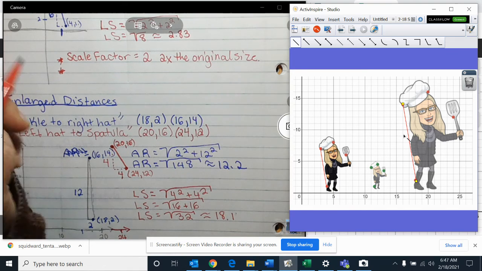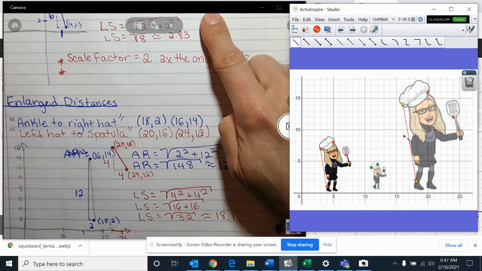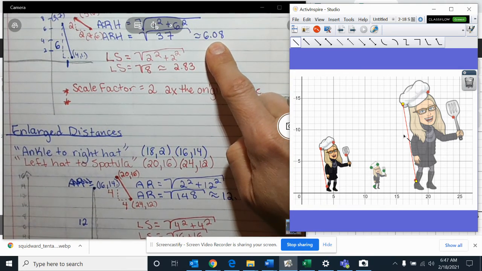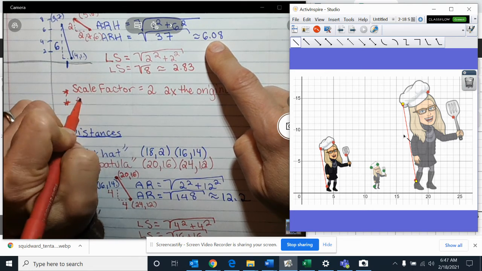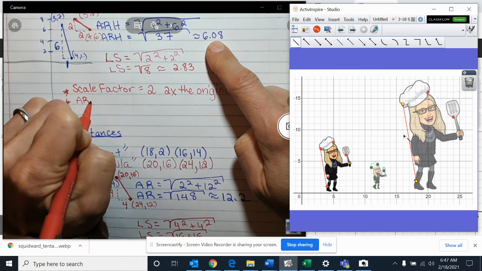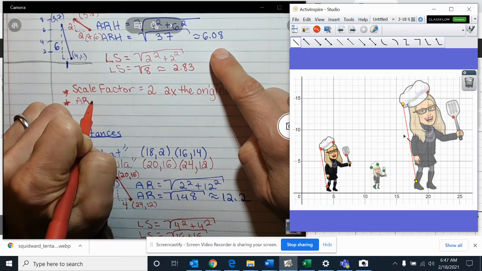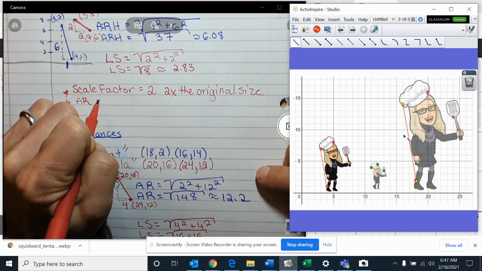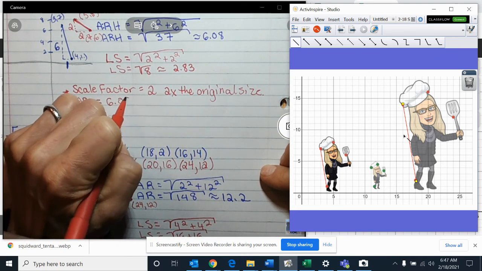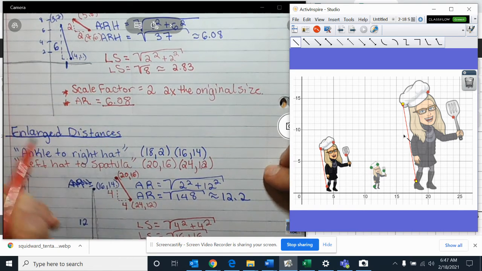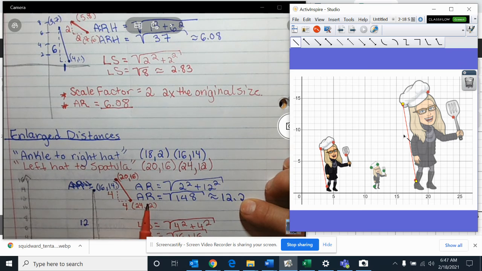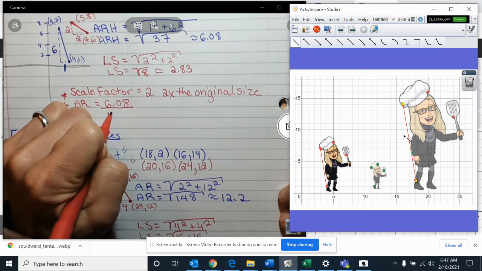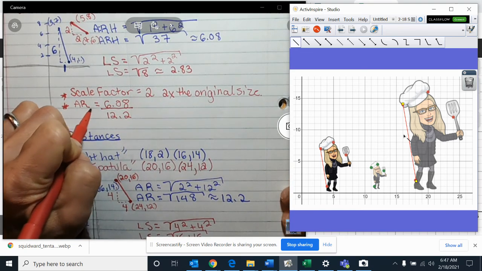So when we look at the ankle to the right hat, excuse me, the right side of the hat, we get 6.08. And then when we look at the distance in the larger figure, the enlarged Bitmoji, we get 12.2.